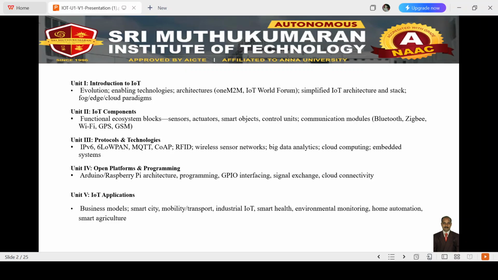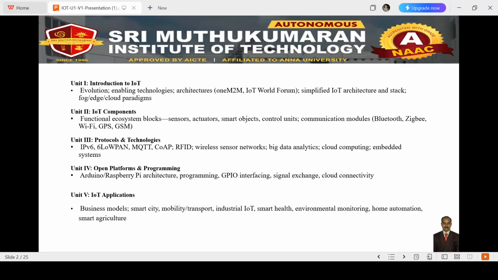Smart city is one of the applications of the IoT, wherein urban planning, right from infrastructure, then sewage, then electrification, then deforestation, all those things come into the smart city. Then mobility and transport is one of the applications, which also depends upon the traffic conditions.